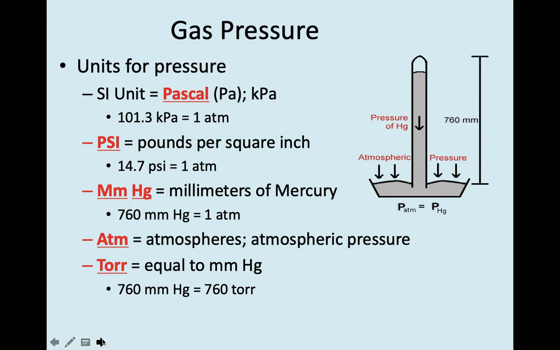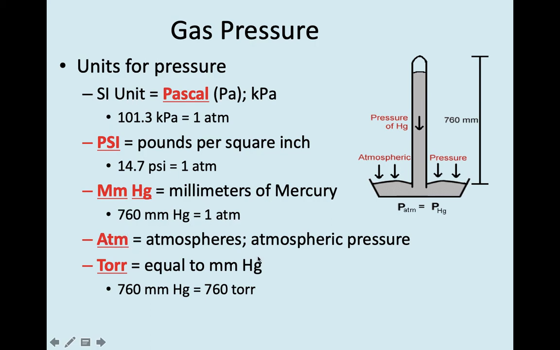The SI unit for pressure is actually the Pascal, although we don't use it a ton in chemistry. We use the kilopascal, because 101.3 kilopascals is equal to 1 atmosphere. You might also hear pressure measured in psi, or pounds per square inch. 14.7 psi is equal to 1 atmosphere, and mm Hg refers to millimeters of mercury. 760 millimeters of mercury is equal to 1 atmosphere.